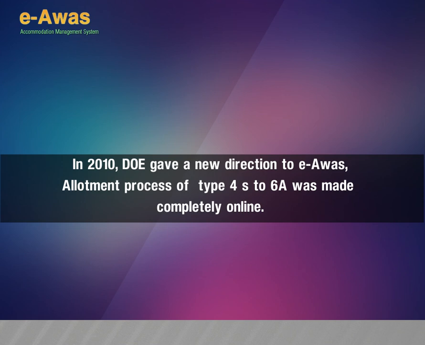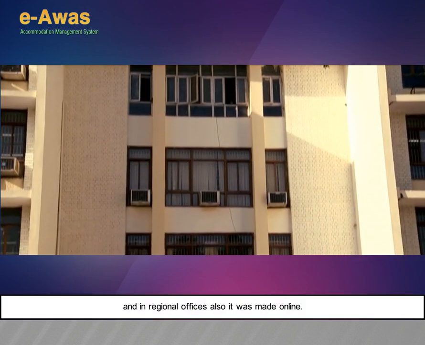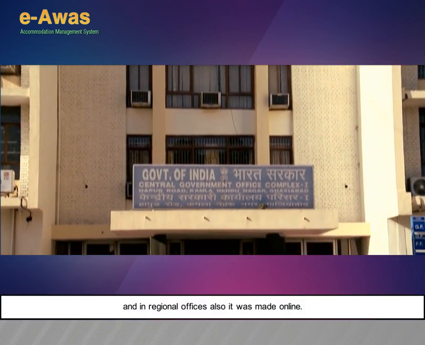In 2010, DOE gave a new direction to e-Awas. Allotment process of type 4S to 6A was made completely online. Later, lower types and 6B were also included in it. During April 2012, all types were made online in Delhi, and in regional offices also it was made online.